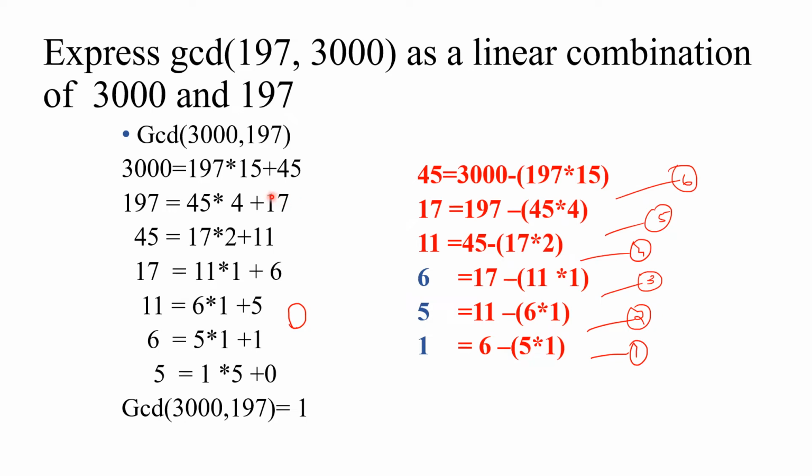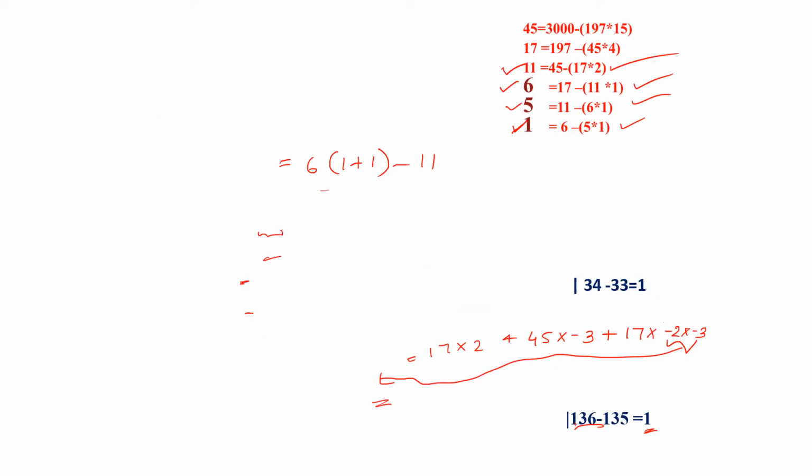The second remainder is 17, so 17 is equal to 197 minus 45 into 4. The third remainder is 11, so 11 is equal to 45 minus 17 into 2. The next remainder is 6, so we can write 6 as 17 minus 11 into 1. The next remainder is 5, so 5 is equal to 11 minus 6 into 1. The next remainder is 1. We can write it as 6 minus 5 into 1. So we can number these as the corresponding equations.